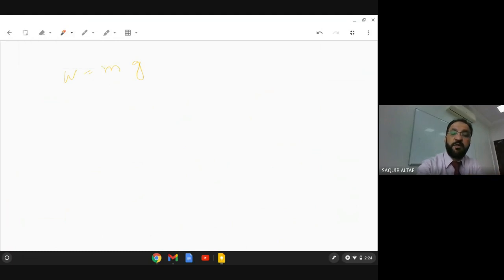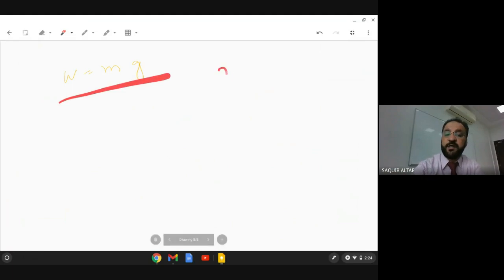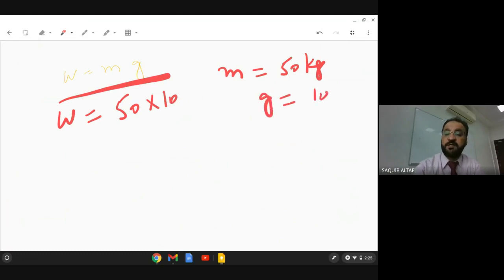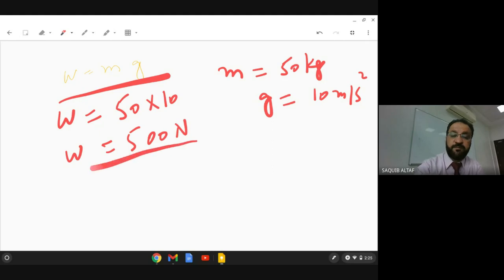Okay, now see, an object having a mass of 50 kg, what will be its weight? Simple, you will write 50 times 10. Why 10? Because gravity is 10 meter per second square. So 50 times 10, 500 Newton.